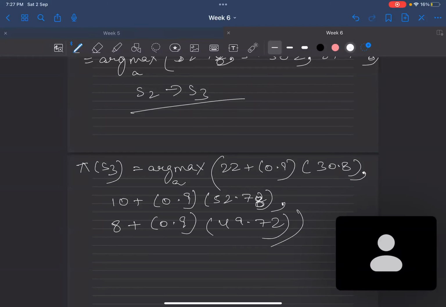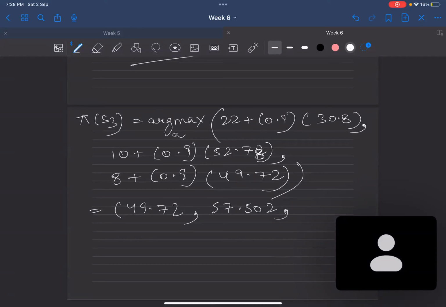So which one is the highest? Let's calculate. The first one is 49.72, then 10 plus 0.9 times 52.72 is 57.502, and 8 plus 0.9 times 49.72. So S3 to S2.